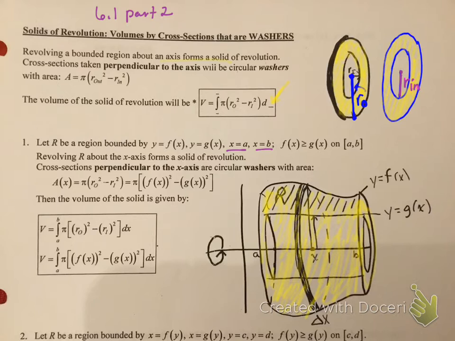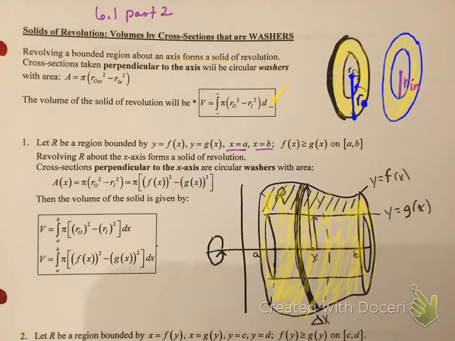So revolving R about the x-axis forms a solid of revolution. Cross-sections perpendicular to the x-axis are circular washers with the area A at x equals pi times the radius of the outer washer minus the radius of the inner washer squared. So basically we take pi times the function f at x squared minus the function g at x squared.